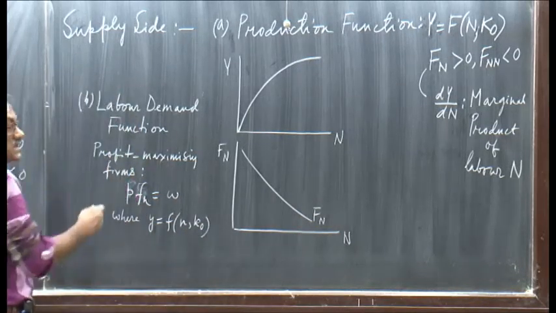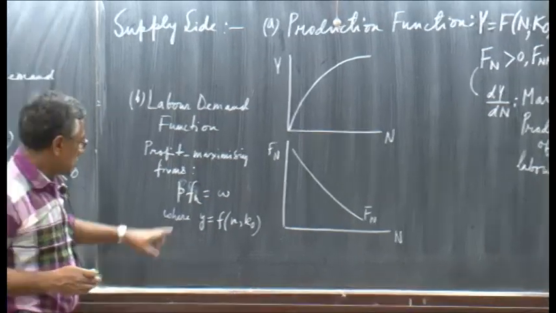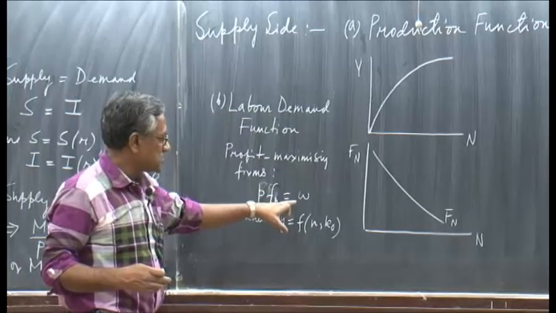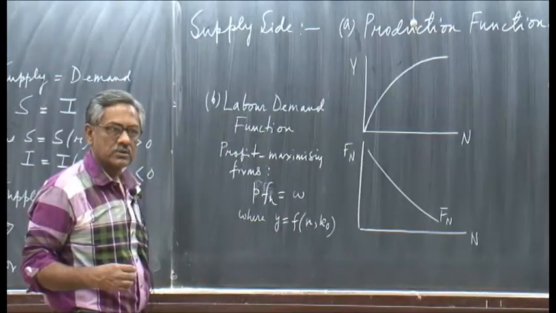And given the profit maximizing hypothesis in the previous class, I showed you that this PFN is equal to W was the first order condition of profit maximization.